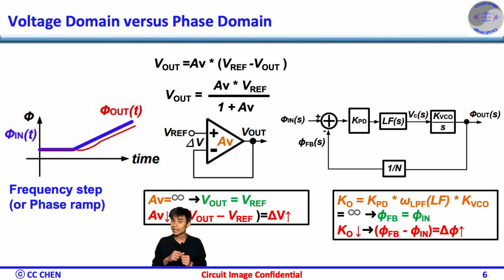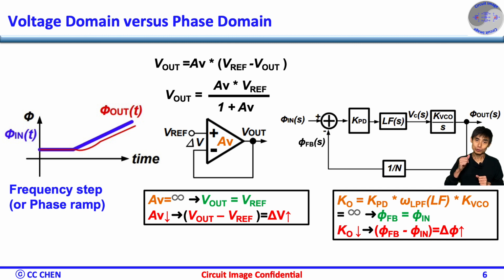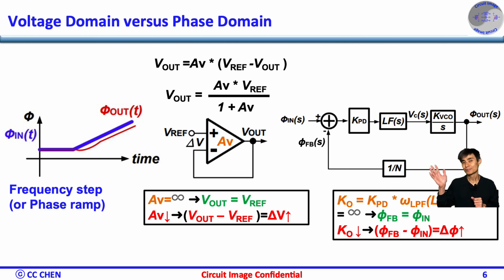If the OTA gain is smaller, then the voltage error between the output and input is bigger, which applies to any feedback amplifier configuration, or even the phase domain feedback loop in a PLL.